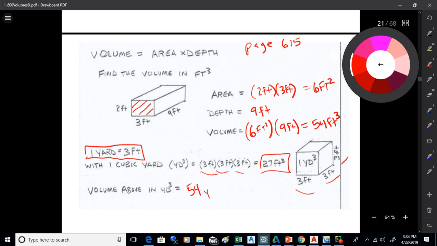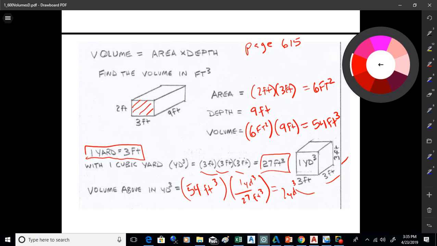So we got 54 cubic feet, and we know that 1 cubic yard is 27 cubic feet. So what that gets us is 2 cubic yards. That's how many cubic yards you got there. And like I say, people often call them yards, but they're actually cubic yards. It's 3 feet by 3 feet by 3 feet.